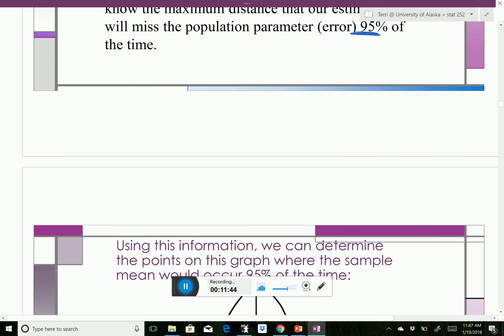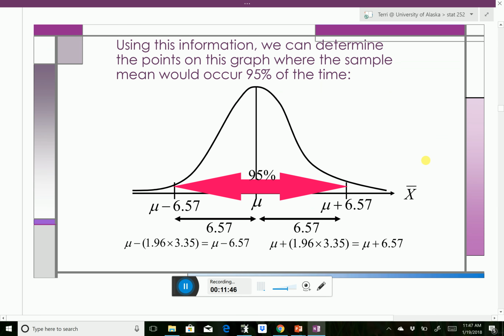So what am I saying? Let's look at this picture. So here's our mean that we don't know right here. And here we have the mean plus 1.96 standard deviations, so 1.96 times 3.35, and 1.96 times 3.35 below mu.